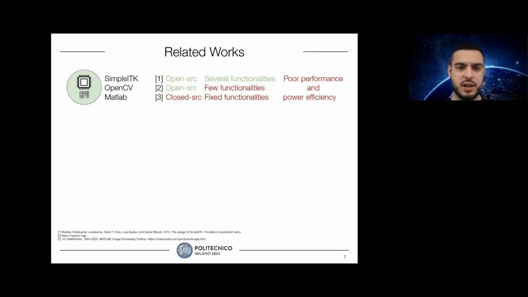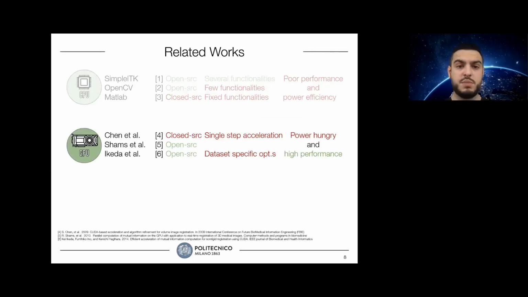Currently, in the state of the art, there are solutions that rely on general purpose processors, but they are mostly closed source with good performance, or open source with several functionalities, but loosely performant and power efficient. Considering GPUs, we find many open source high performance implementations.